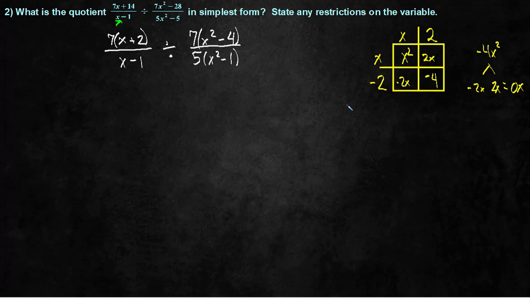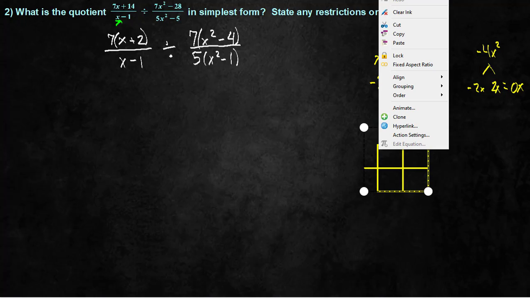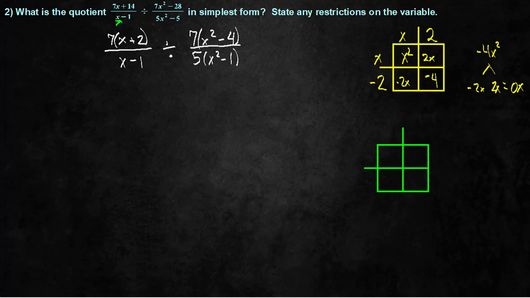Now we're going to look at the next thing that we can factor. And let me change colors on this real quick. We have factoring that denominator here, x squared minus 1.